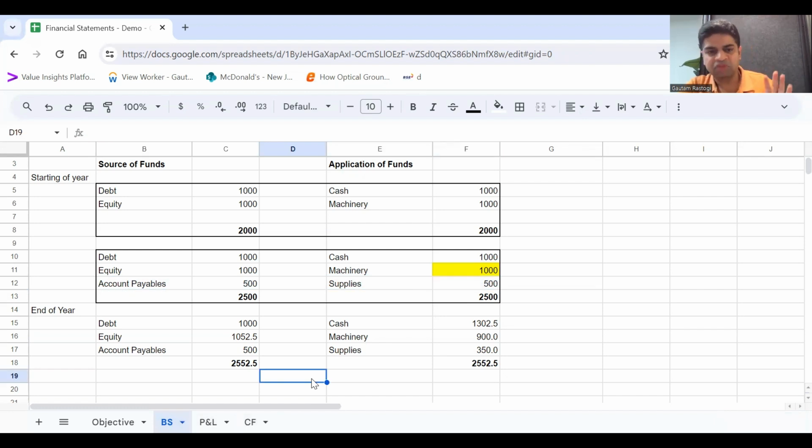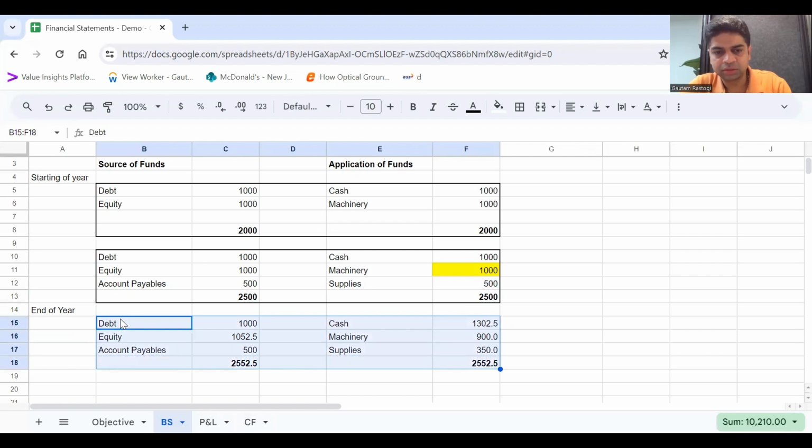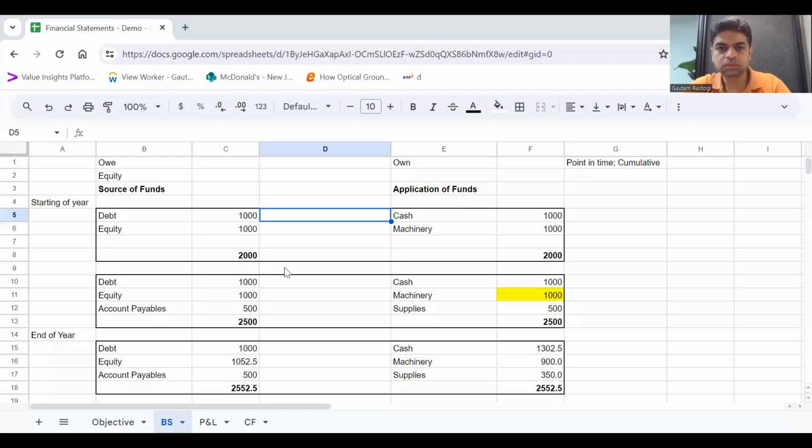Before we do that, this is the end of the year. Now let's record all the transactions that are taking place, and then we'll use all those transactions to construct a cash flow statement. So the first one was issuance of debt.